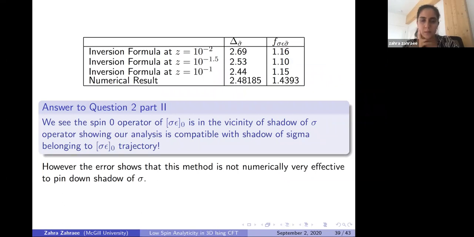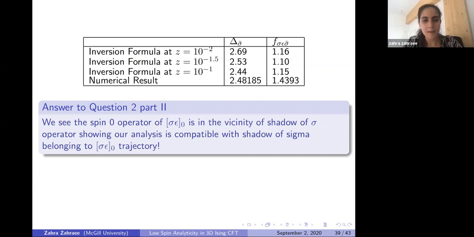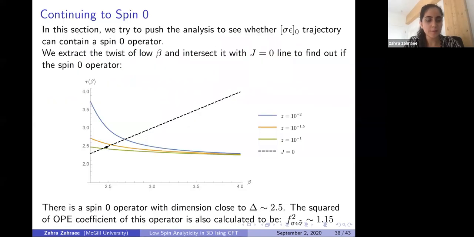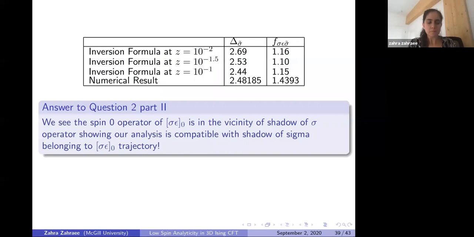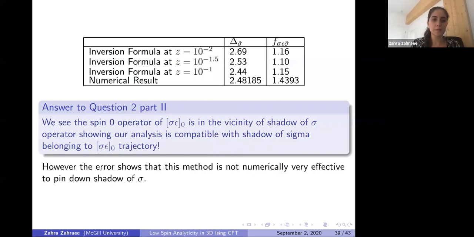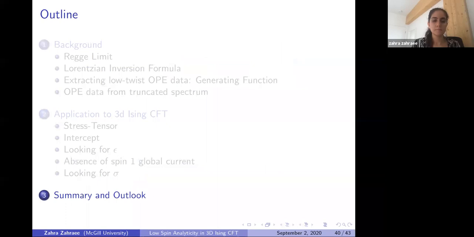So even though we qualitatively find that there's a spin 0 operator belonging to the sigma epsilon 0 trajectory compatible with being the shadow of sigma, we cannot numerically pin it down. So the last part of my talk is just summary and outlook.